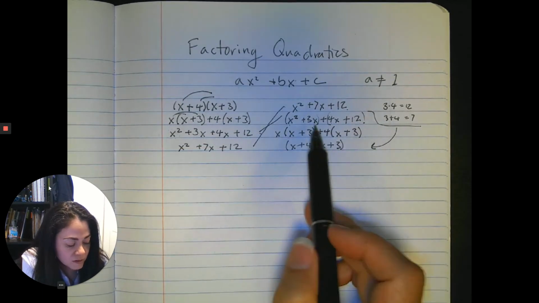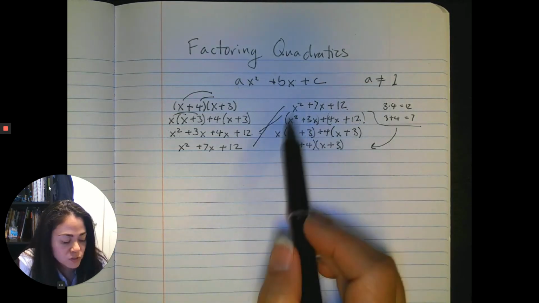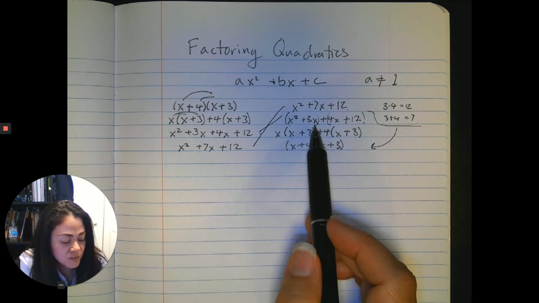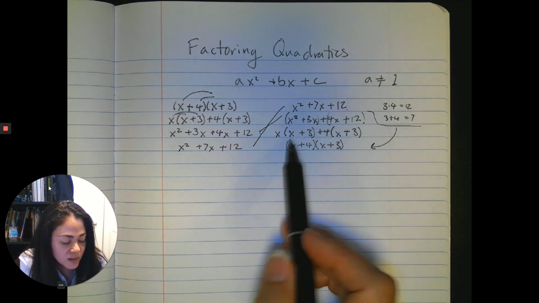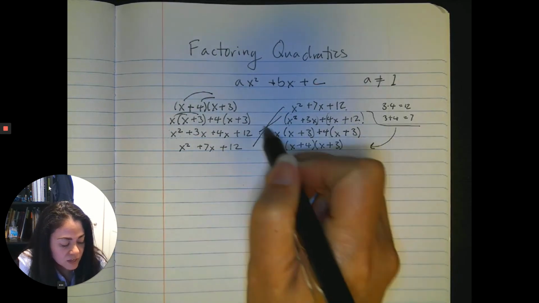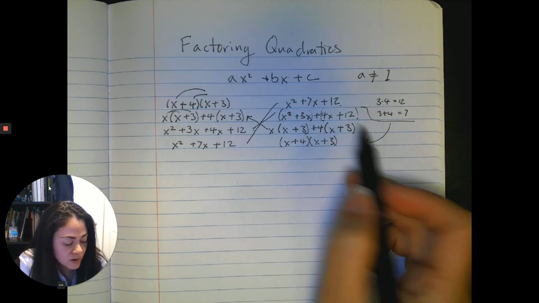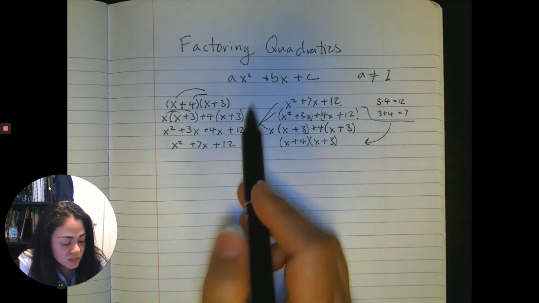Now that allowed me to group, so we call this grouping. I grouped the first two terms together, and then I grouped the second two terms together. And then I factored out this x, and you can see that now this looks like this step here. I factored out the 4 out of these two terms, and this looks like this here.